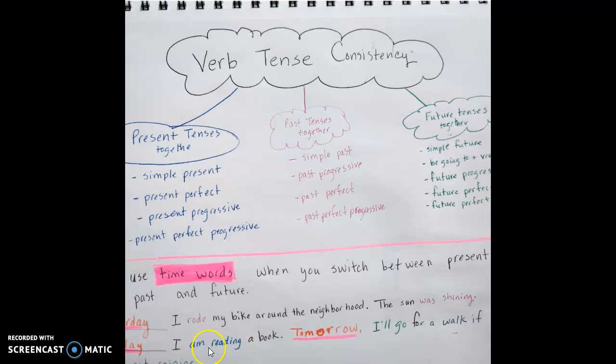I'm using present progressive to show that this action is going on. Tomorrow I'll go for a walk if it's not raining. Okay, so notice I've used these signal words to shift around between my time frames. And this graphic, by the way, is in your week 2 module.